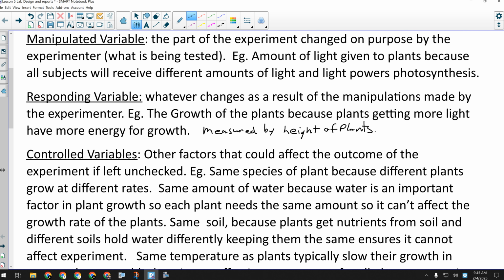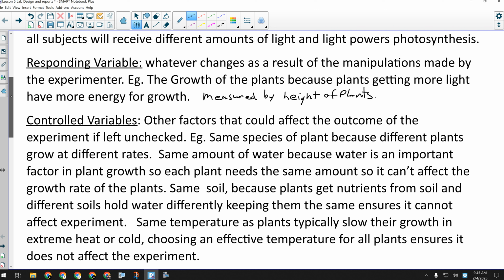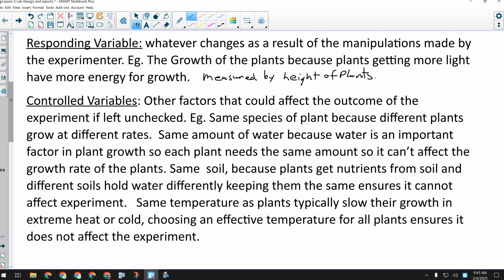Okay, in a lab report, you would be expected to list and describe 3. There's going to be more than 3 controlled variables in any experiment.